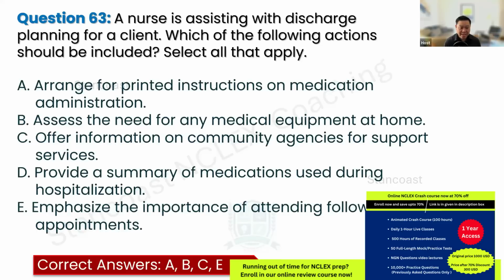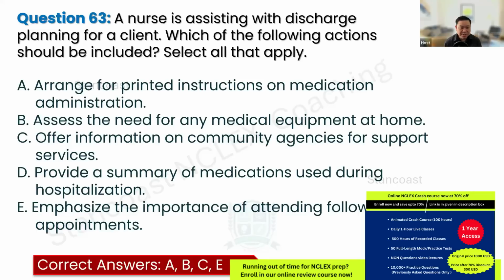And the same thing with letter E. Follow-up appointments are also important for ongoing care and also the monitoring of the client's condition. However, letter D is incorrect because instead of just listing all medications used in the facility, provide only those currently prescribed to avoid confusion. Now, your test taking strategy here is to consider those answers that support continuity of care and client understanding after discharge.